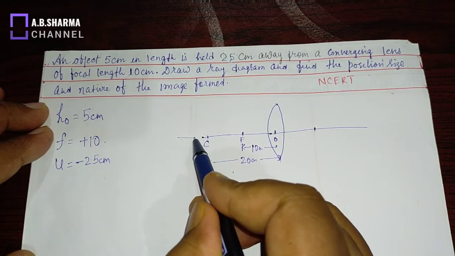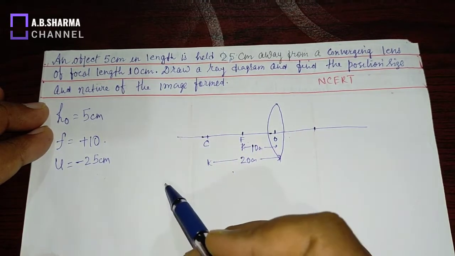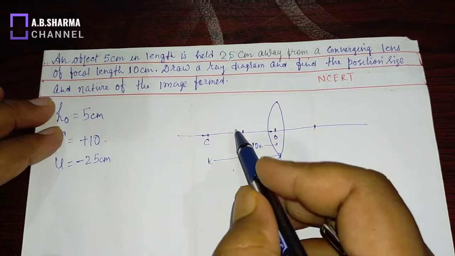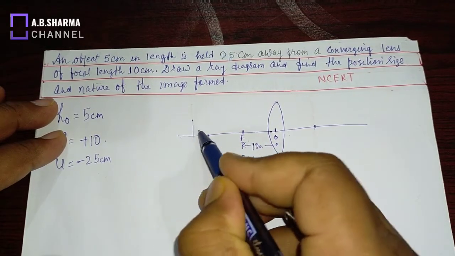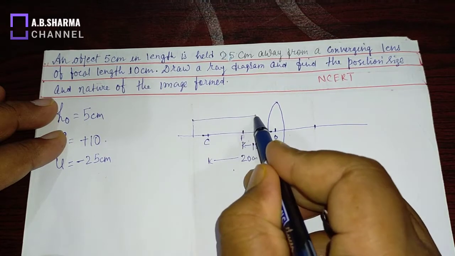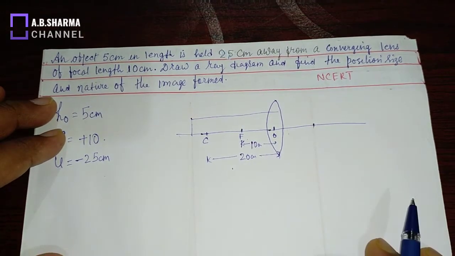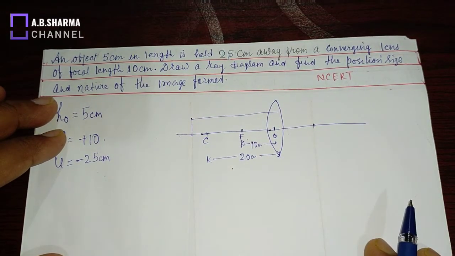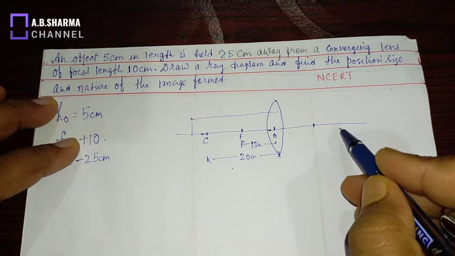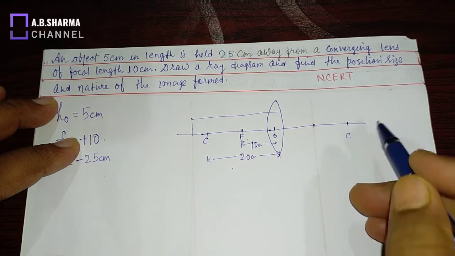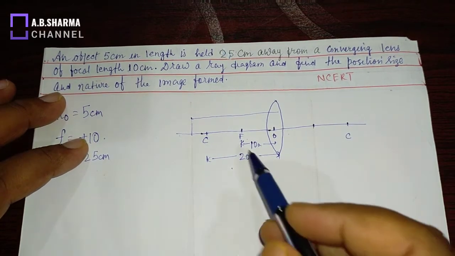Now object is placed where? 25 centimeter away, means it is placed beyond the center of curvature. Then what type of image is formed? When the object is beyond the center of curvature, then where will the image be formed?